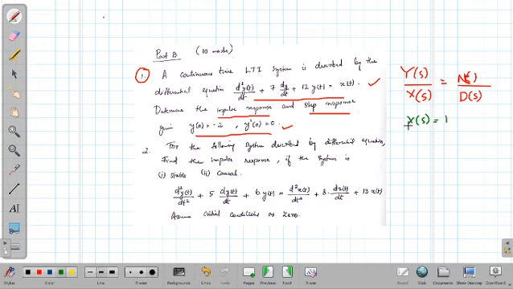Using that, find y of s, and take the Laplace inverse of y of s to find the impulse response y of t. So that is the first case. What about the second case? In the second case, you have to find the step response.